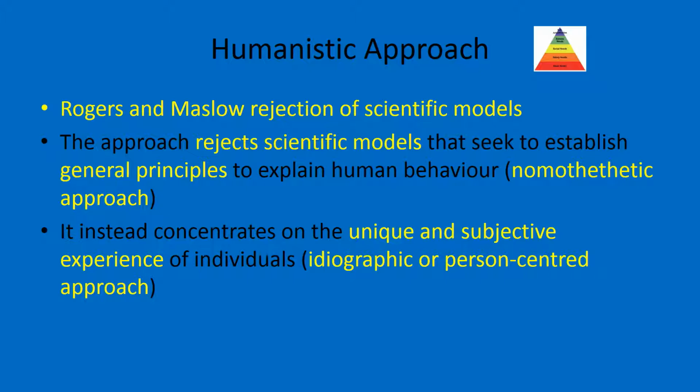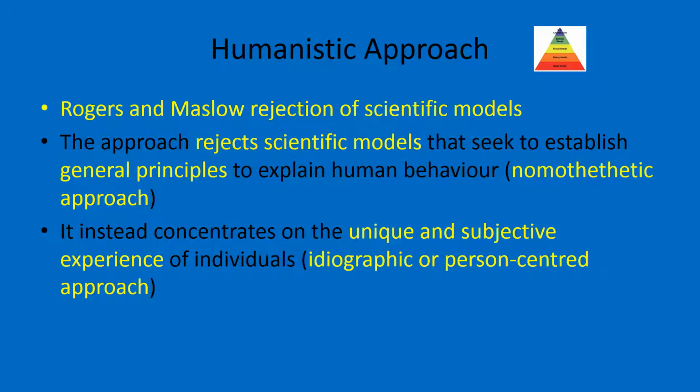Therefore, the only way in which you can study human beings is via an idiographic, person-centred approach, case studies and that sort of thing, and there's no point trying to bring up any general rules. That's a bit of a problem, really, isn't it? If you have an idiographic approach, yep, you could have one person who demonstrates particular behaviours because of certain patterns of experiences in the past, etc. But that could just be that person.